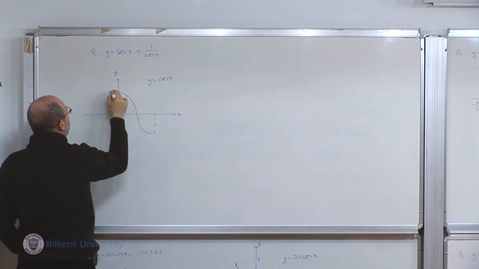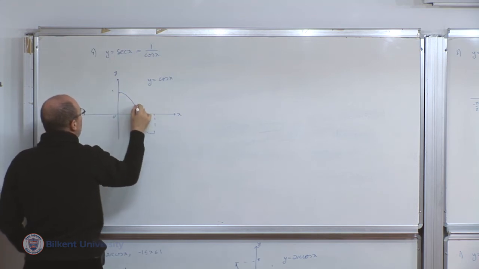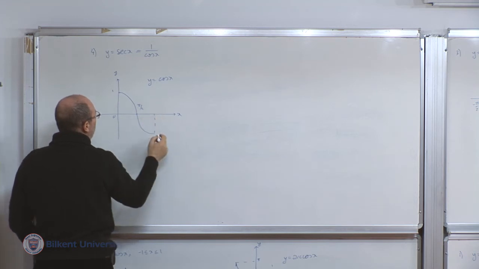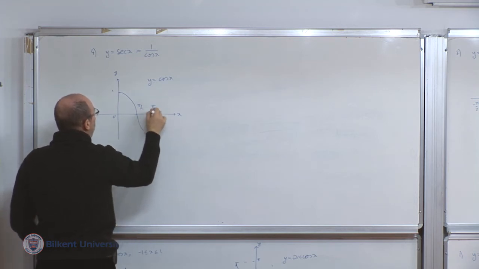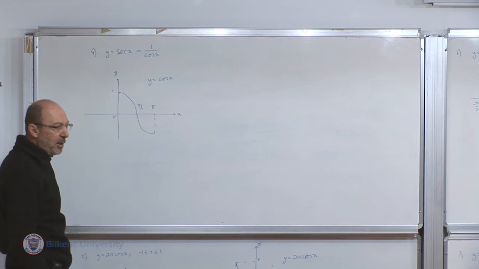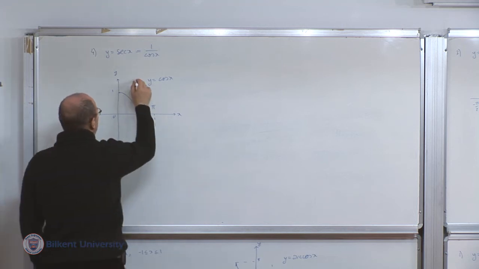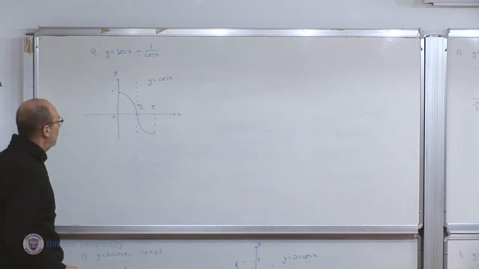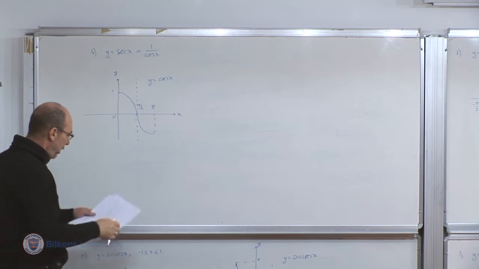So this is 1 at 0. At pi over 2, this is 0. And at pi, it is minus 1. So this is y equals cosine x. So we have this. This is going to be a vertical asymptote later when I take 1 over cosine x.